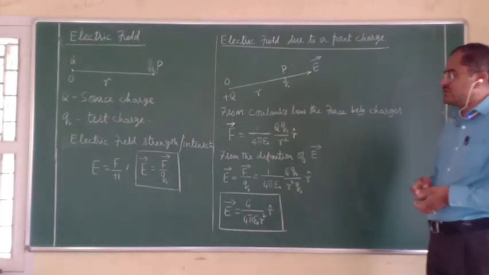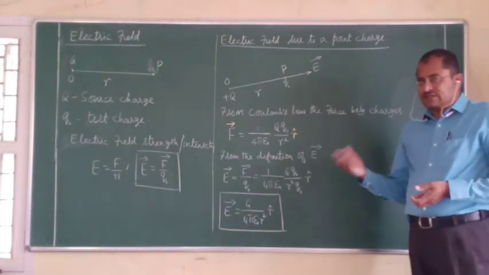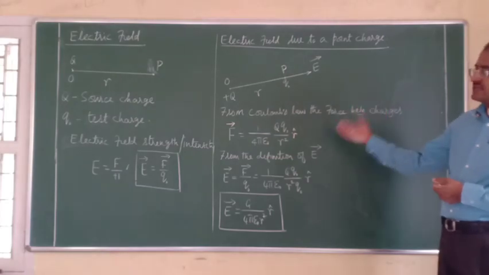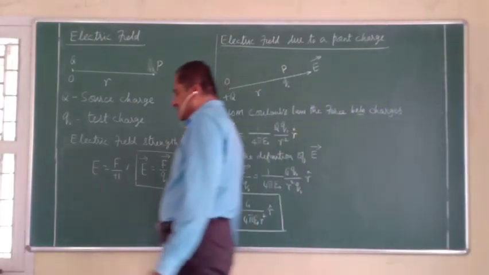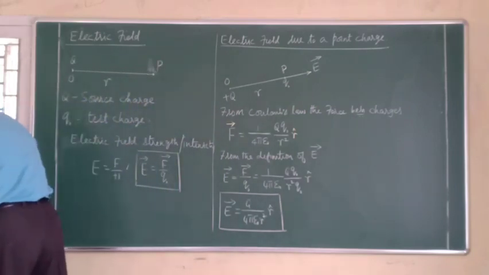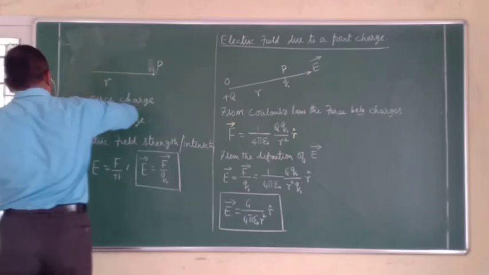This is not new to you. In your +1, +2, you have studied this. Now, if there are multiple charges, what happens? That's what we need to see now. For that, let me draw a diagram. I will rub this off.